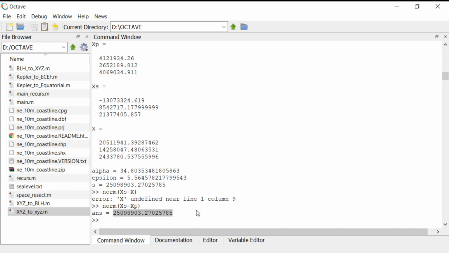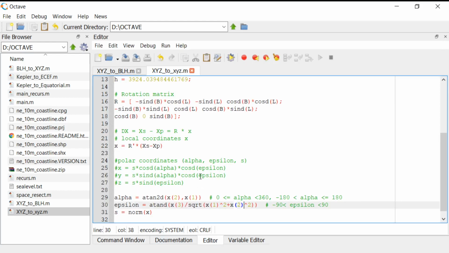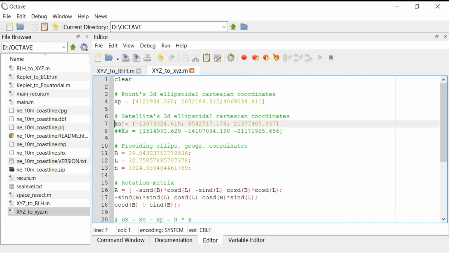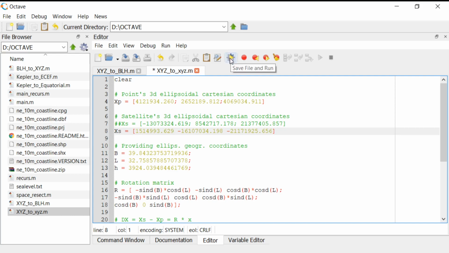Now let's take another satellite. The coordinates are given by xs again. Let's see if this satellite can be visible from the standing point or not. So let's do the same calculations. Of course, I only change the coordinates of the satellite.